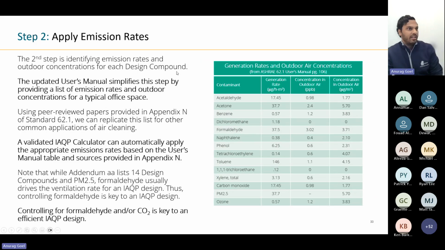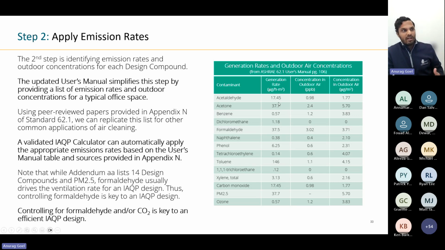Emission rates. I mentioned we have emission rates documented by ASHRAE. An example of that is shown in the table on the right. This comes from the ASHRAE 62.1 User's Manual. What you see here is that the emission rate of these different contaminants is a function of the floor area of the space. Here you see meters squared. So if we know the size of the space, we can calculate the total load of these different contaminants.